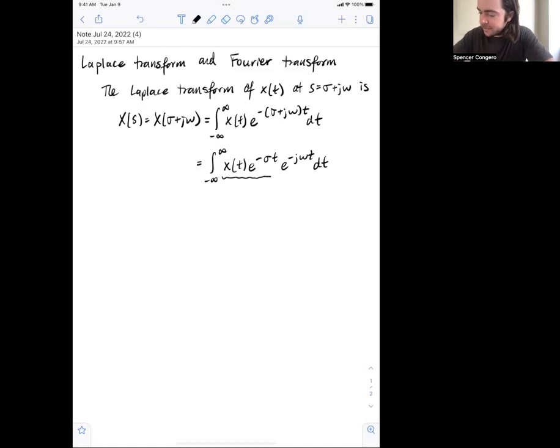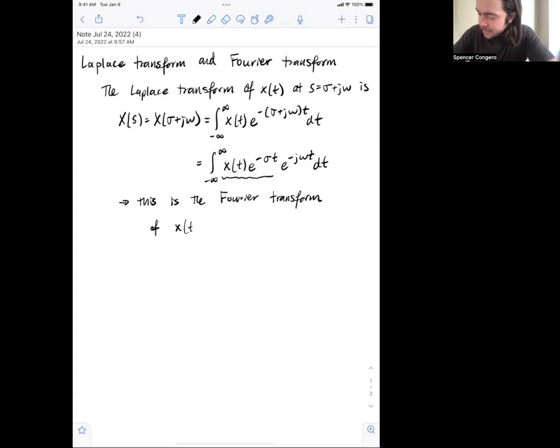If I underline those two terms together, this should look exactly like a Fourier transform, and it is. This is the Fourier transform of what signal?